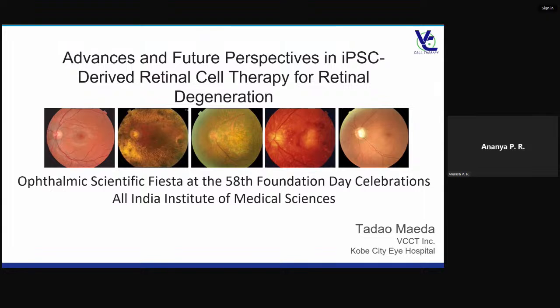Throughout his career, he has been committed to addressing unmet medical needs through innovative research and leadership in clinical translation. He plays a key role in international collaborations, bridging academia, industry, and regulatory bodies to drive advancements in regenerative medicine and ophthalmology. Over to you, sir.